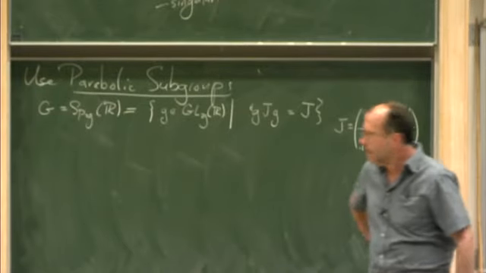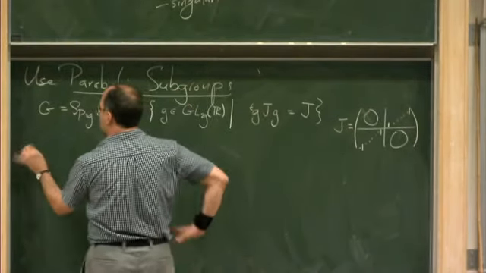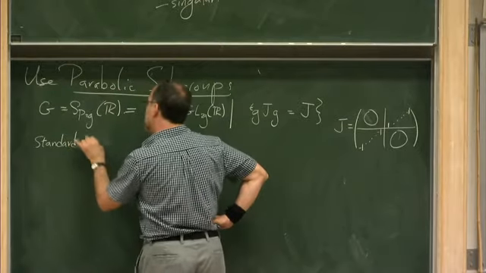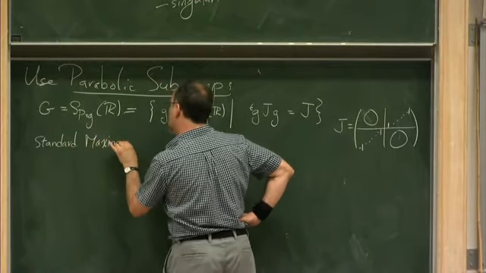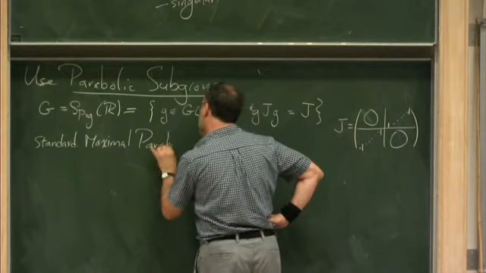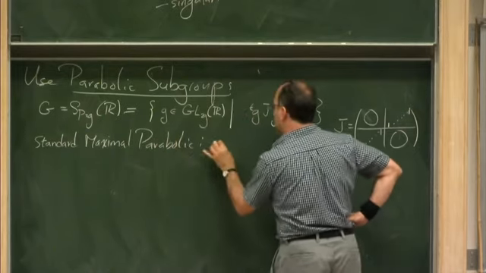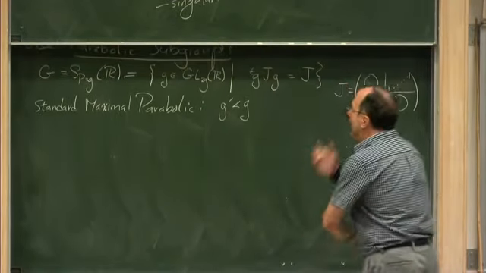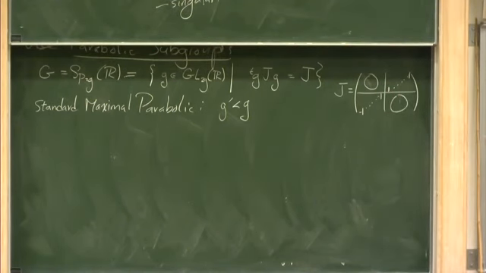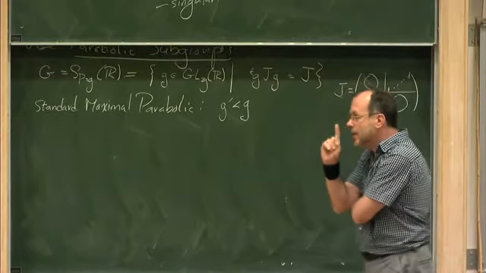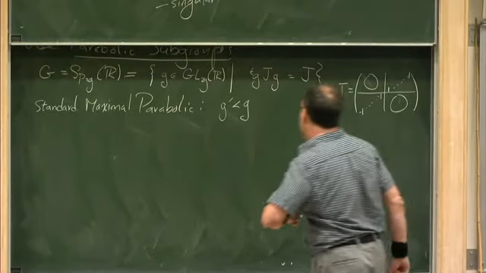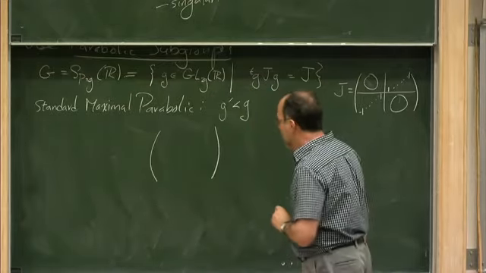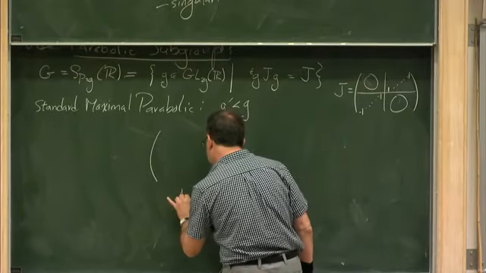And so first, let me draw a picture of what is a standard maximal parabolic. So you pick g' less than g. And the good way to think about parabolics, maximal parabolics, is you think about finding a one-parameter subgroup. So here's the one-parameter subgroup I'm going to be using in this case. I'm going to call this A_P.